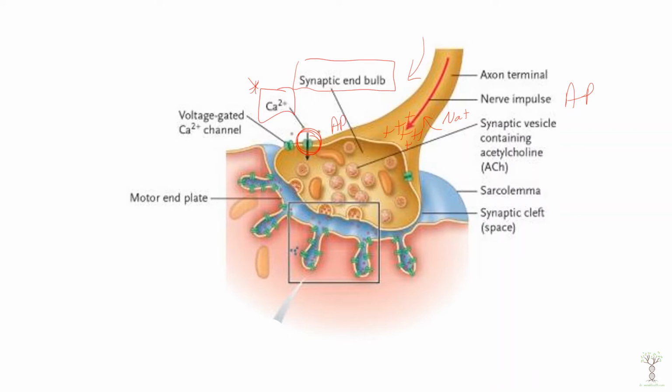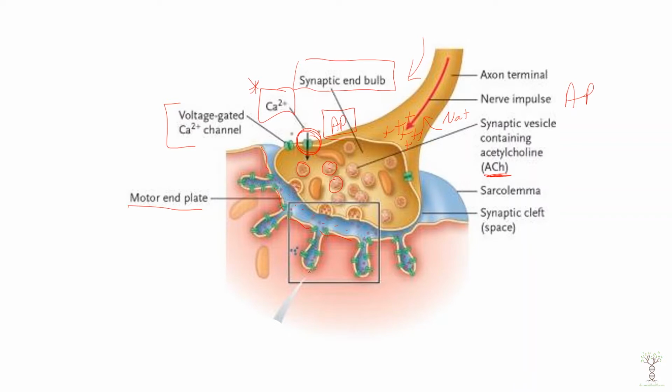And the calcium moving in is going to cause these vesicles containing acetylcholine to release the acetylcholine into the synaptic cleft. The part of the muscle membrane where the acetylcholine is going to bind is the motor end plate. These calcium channels are voltage gated because they open because of a charge change caused by the action potential.